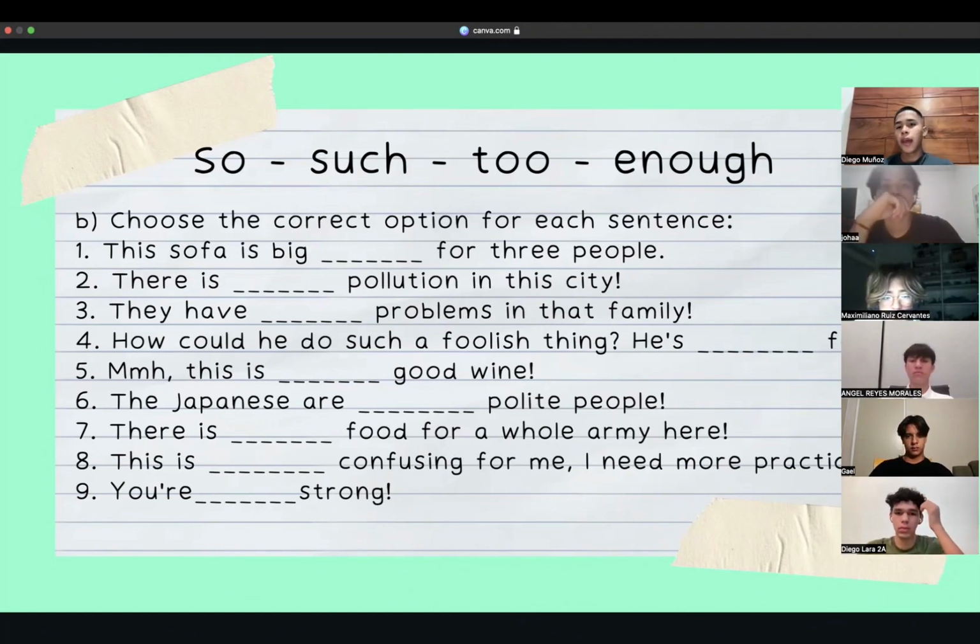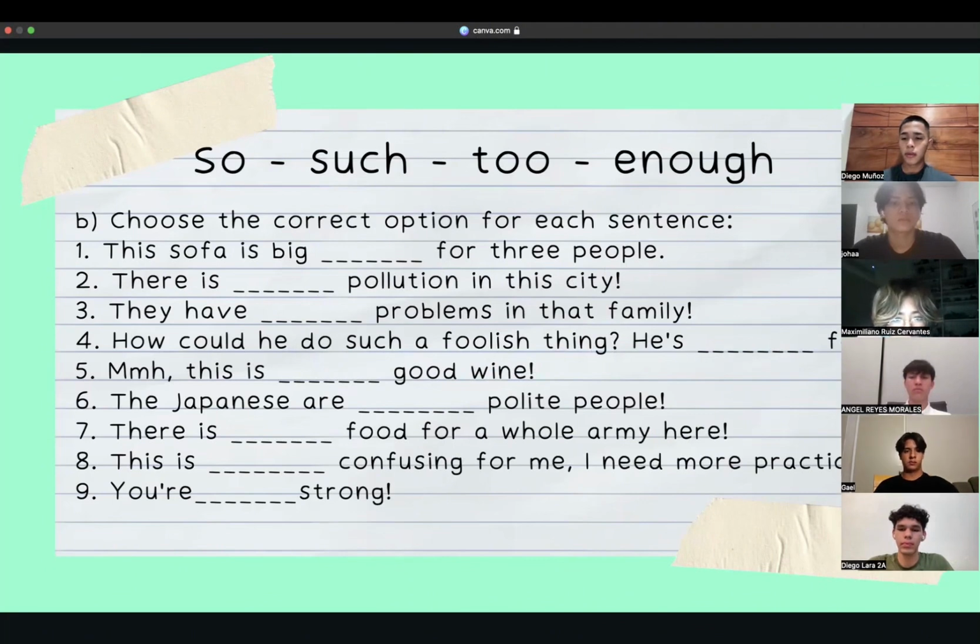They have blank problems in that family. Someone knows the answer? Me. Okay. They have so many problems in that family. Okay. How could he do such a foolish thing? He's blank foolish. He's such a fool.